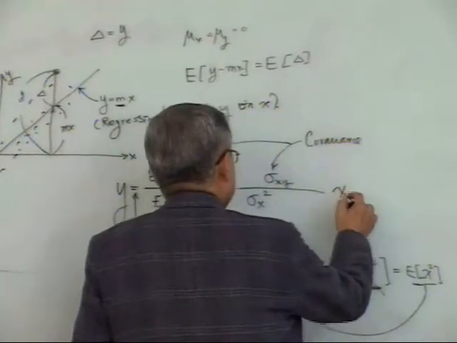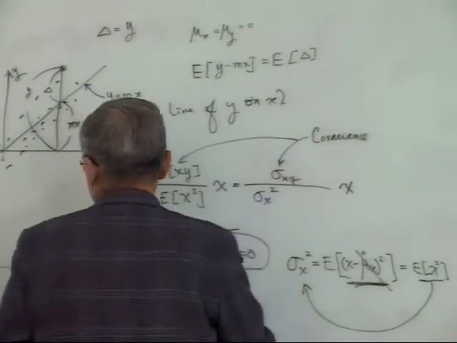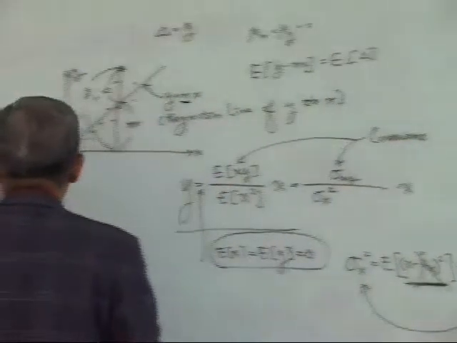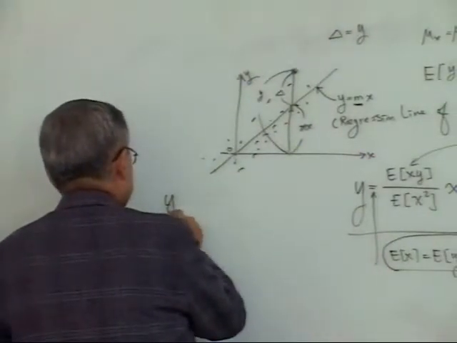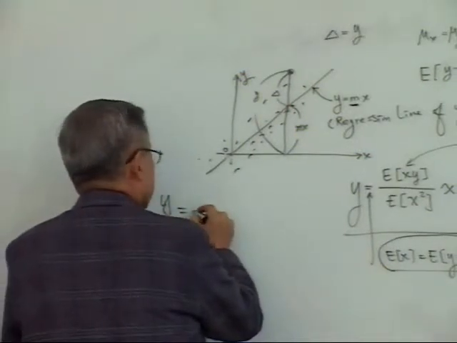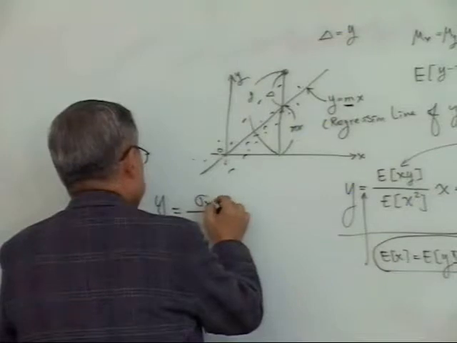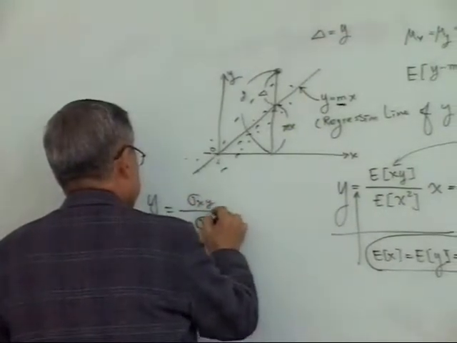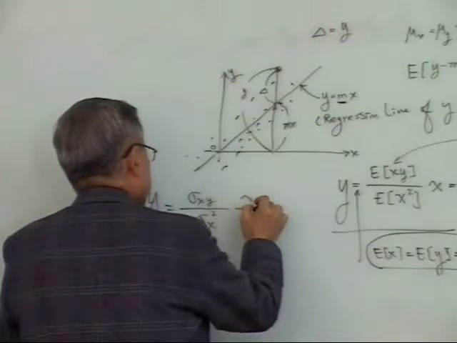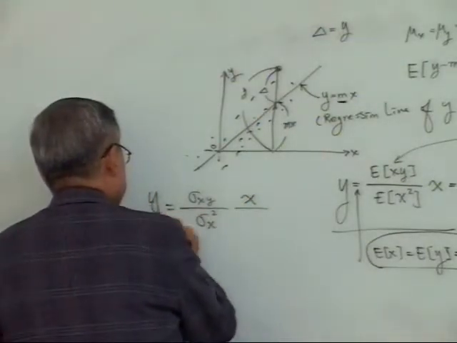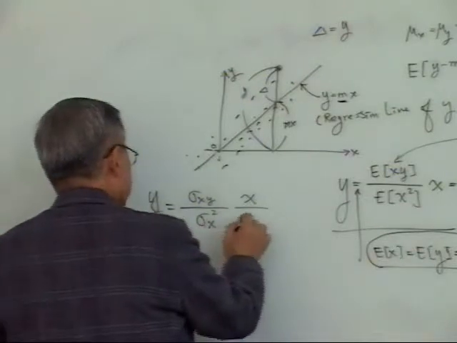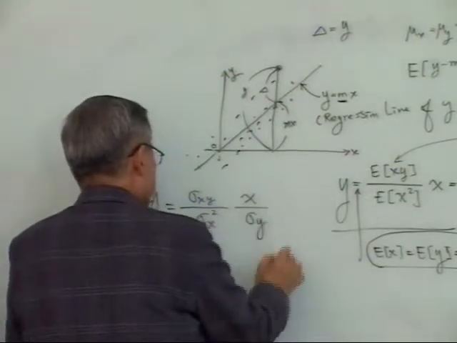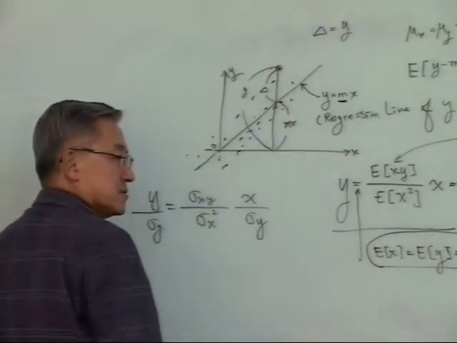So if I just rewrite here, y is equal to sigma xy over sigma x squared, times x. I'm simply adding, no change.